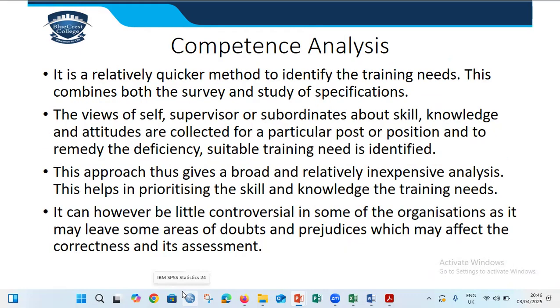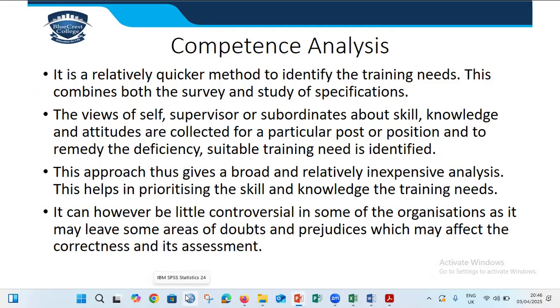So next is the competence analysis, which we say is a relatively quicker method. Unlike administering a questionnaire for the survey, competence analysis is a quicker method to identify the training needs. It combines both the survey and the study of specifications.